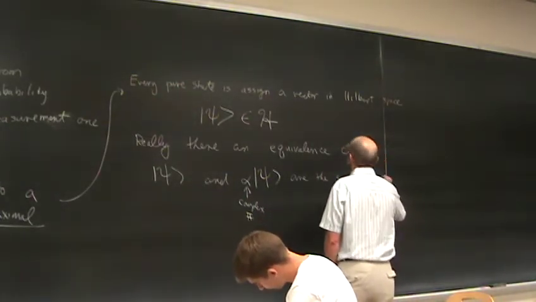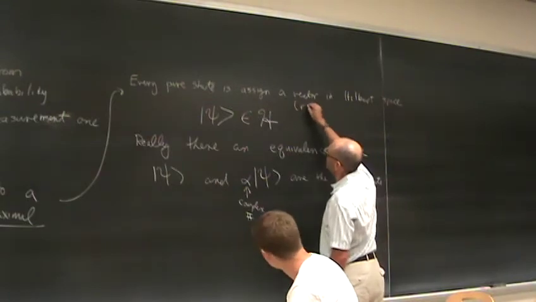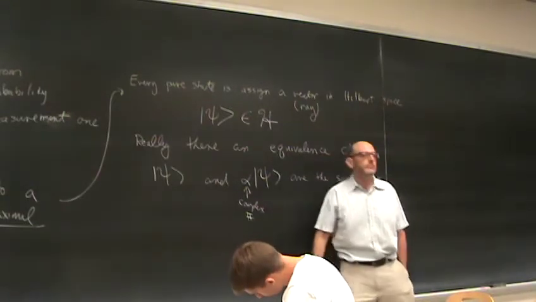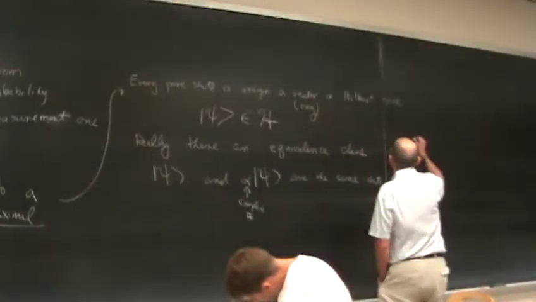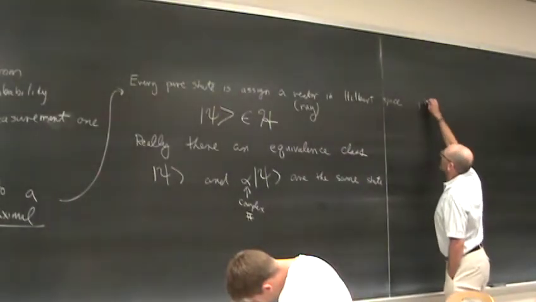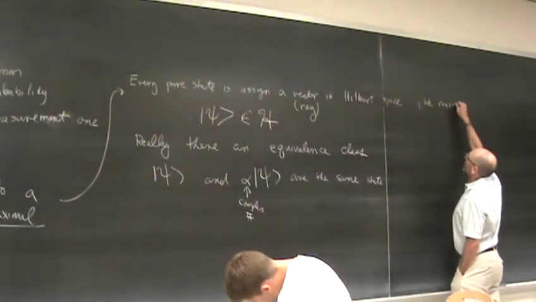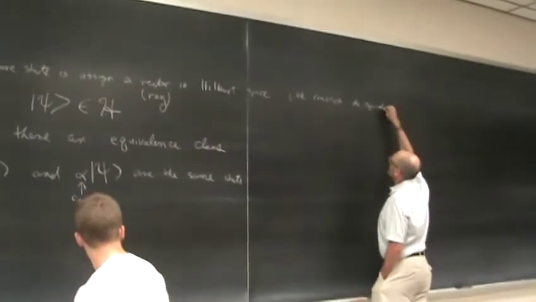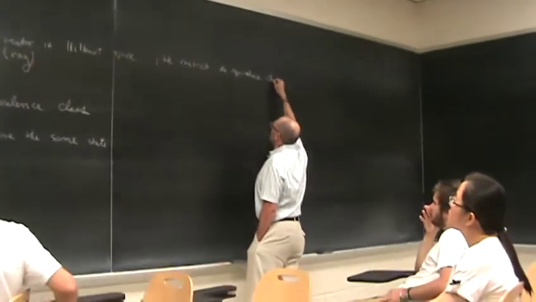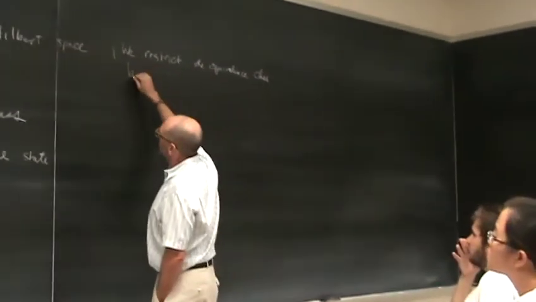So instead of a vector, we really should say ray. Moreover, in order to restrict this equivalence class, as you know, we take as our convention to restrict this by normalization.